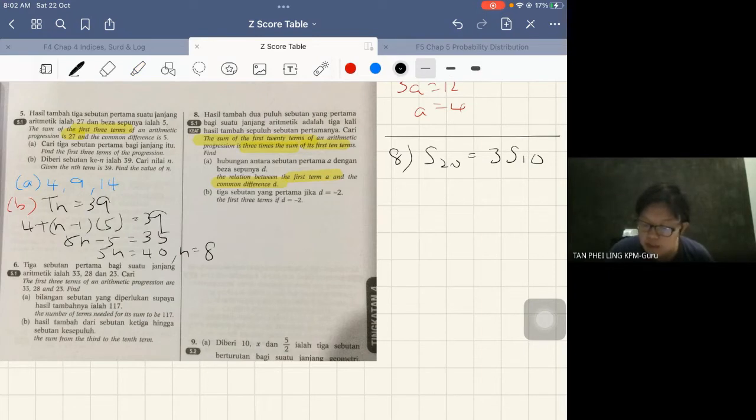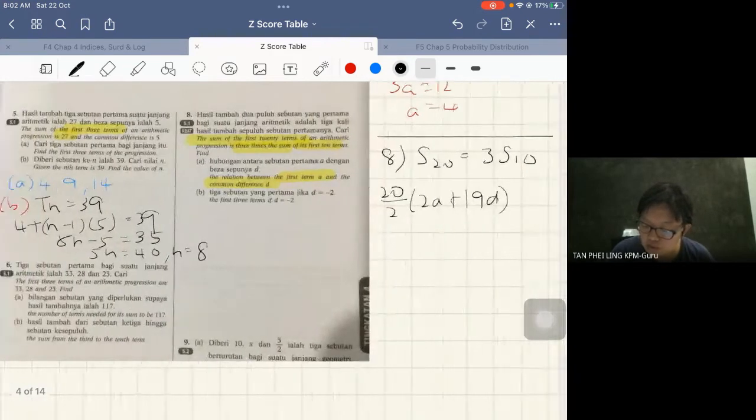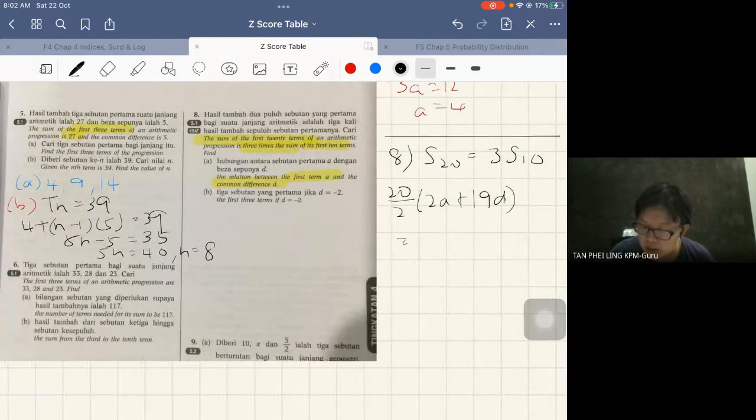We know that S20 will be 20 over 2 bracket 2a plus (n minus 1) d, which is 19d, right? This one is actually equal to 3 times 10 over 2 bracket 2a plus 9d. This is what we know. So simplify now.